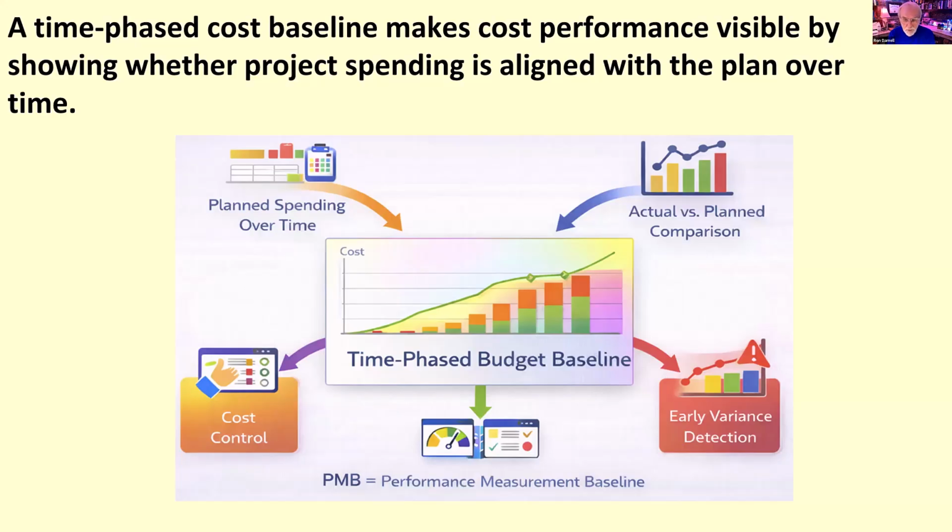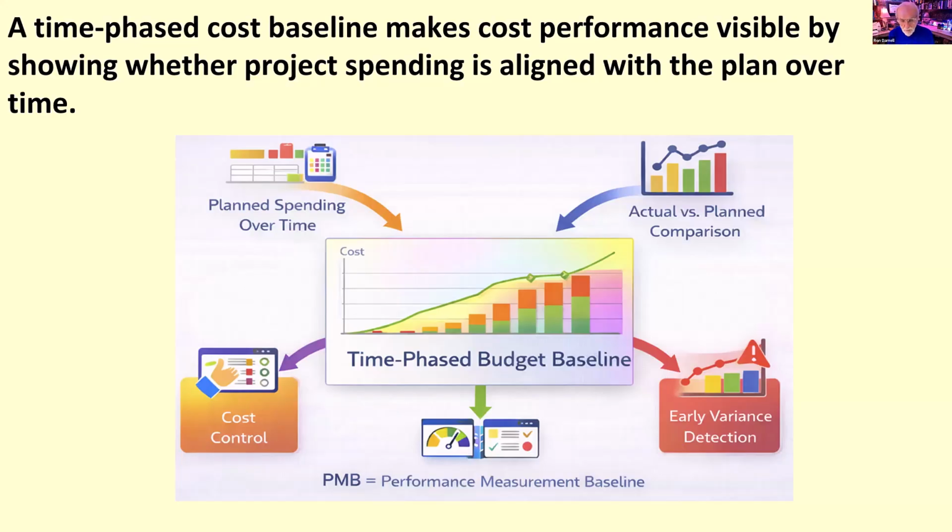That term is commonly used when scope, schedule, and cost performance are integrated into one baseline structure for monitoring project performance. For this course, we don't need to build a full earned value system, but we should understand that a time-phased cost baseline is more than a budgeting document. It's a planning foundation for later performance measurement and project control.